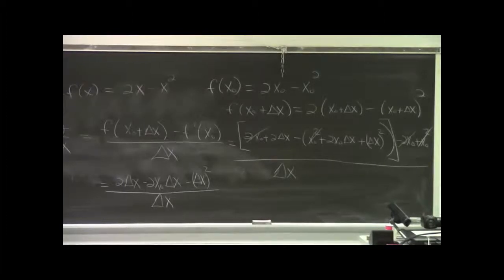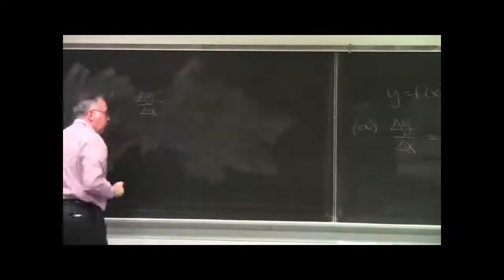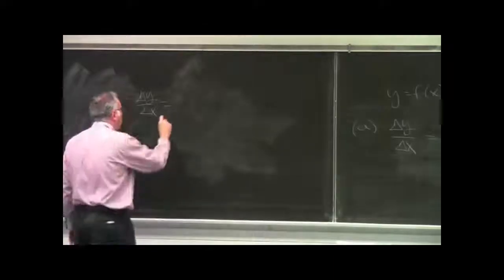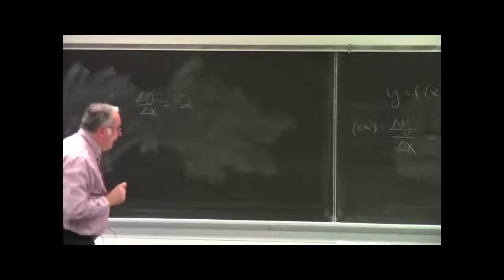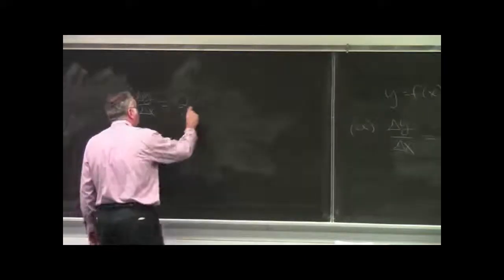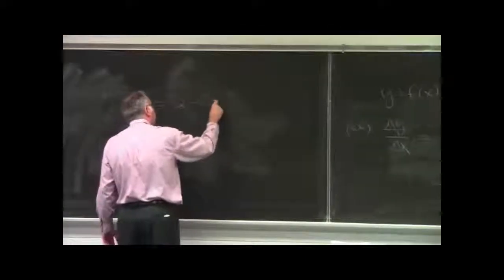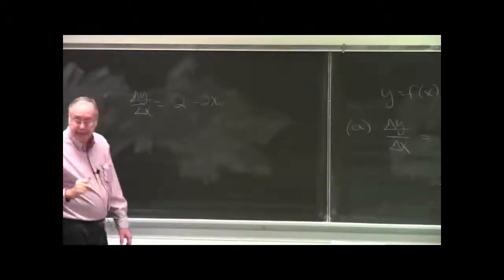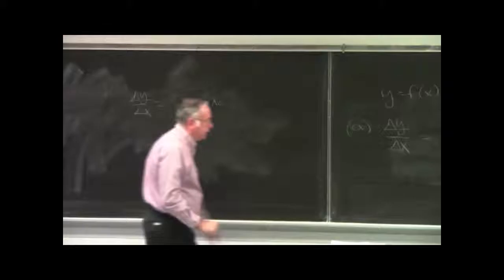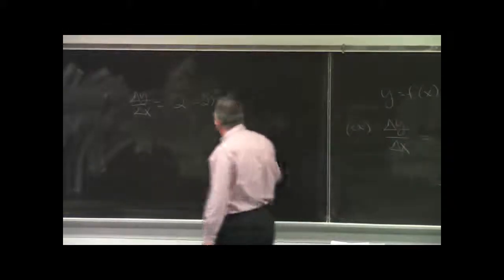Anyway, we divide through by the delta x, and what do we get? Delta y over delta x equals 2 minus 2x sub 0 minus delta x. You have a delta x squared here and a delta x there, so it's just minus delta x.